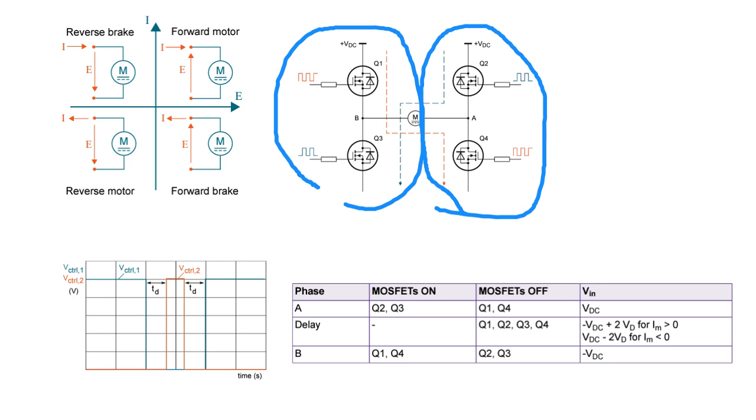The H-bridge can be thought of as composed of two half bridges used simultaneously. Okay, the H-bridge allows the motor to work as a generator in both directions of rotation. Therefore, it's considered a four-quadrant converter.